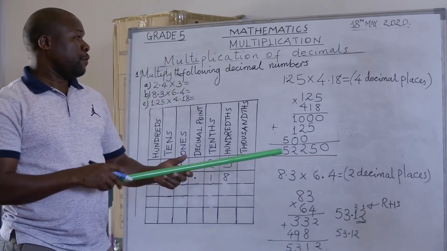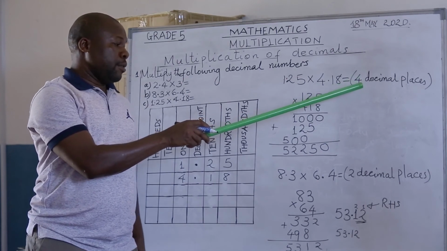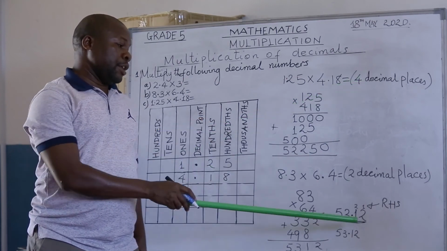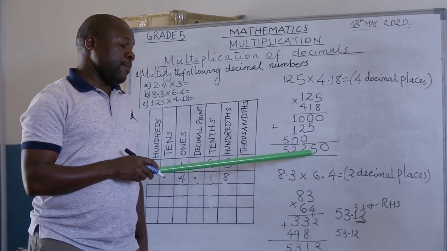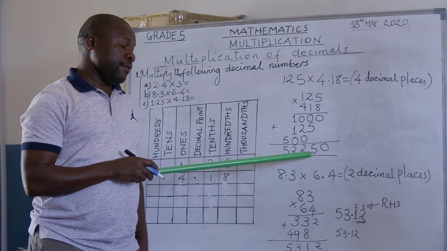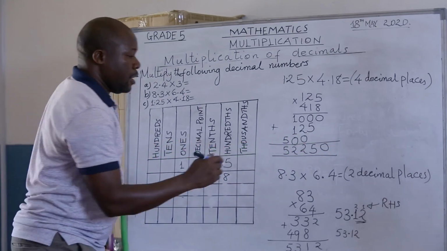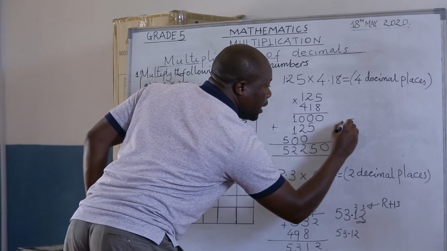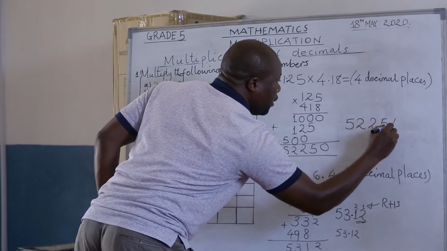Now, don't forget that your answer should have 4 decimal places. As we did with the previous questions, we are going to count the number of decimal places from the right-hand side towards the left. Our answer here is 5, 2, 2, 5, 0.